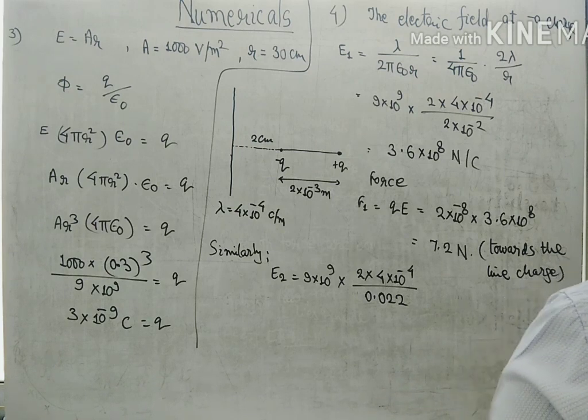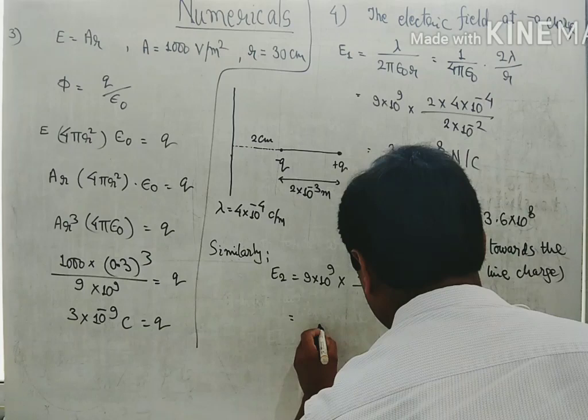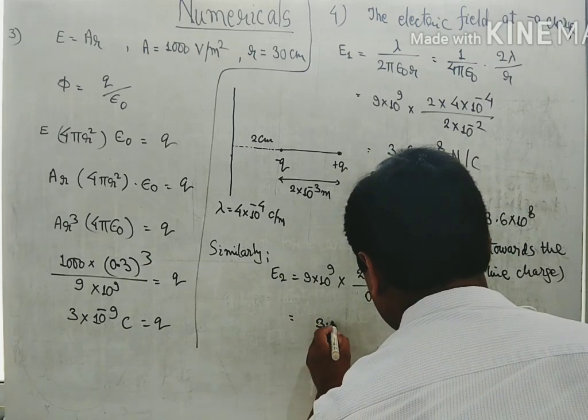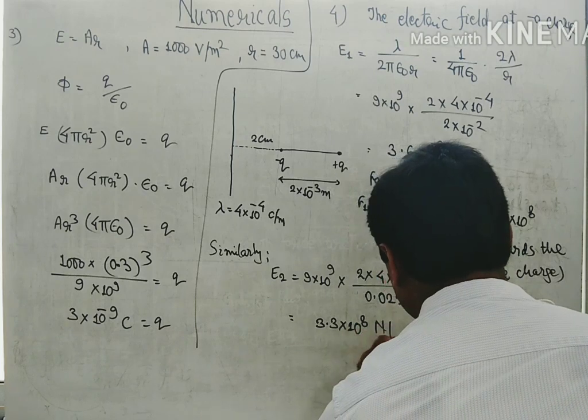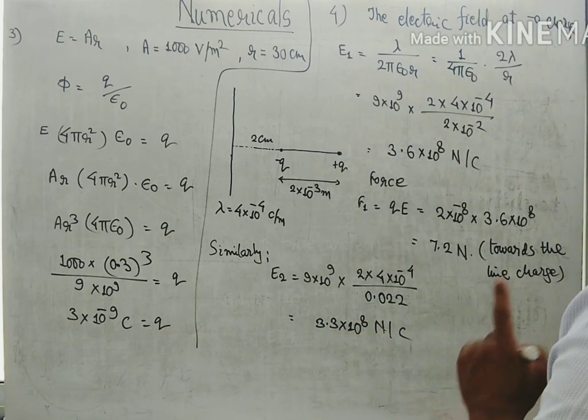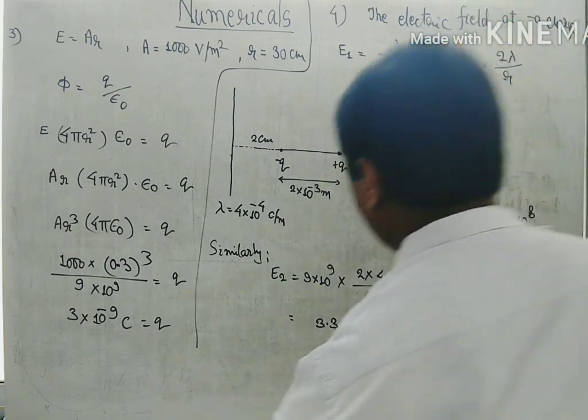Fine with this? Thereafter, students, just solving it you will get approximately 3.3 into 10 power 8 Newton per Coulomb. This is the electric field intensity at the position of plus Q charge.